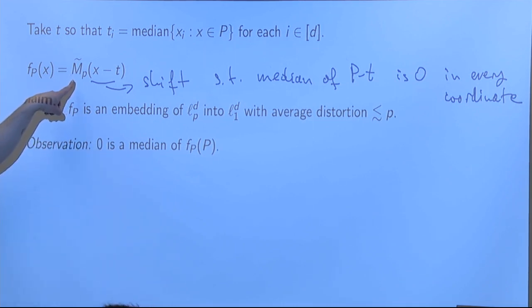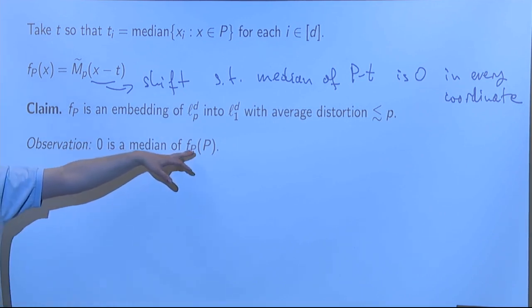The main observation here is that once I apply this map, remember, what am I applying? I'm just applying this scaled Mazur map. The Mazur map preserves signs, and now I just rescaled it by some non-negative number, so this also preserves signs. Because it preserves signs, 0 is still the median.